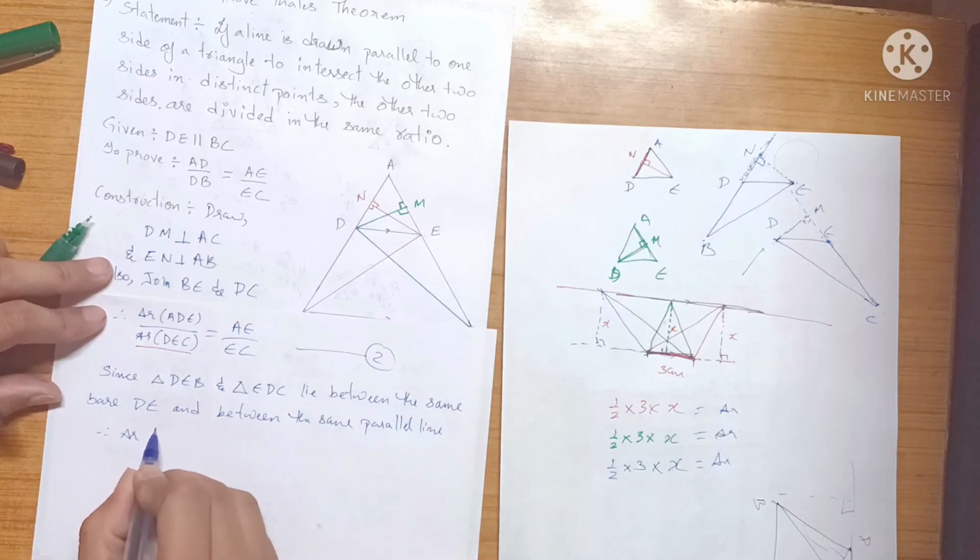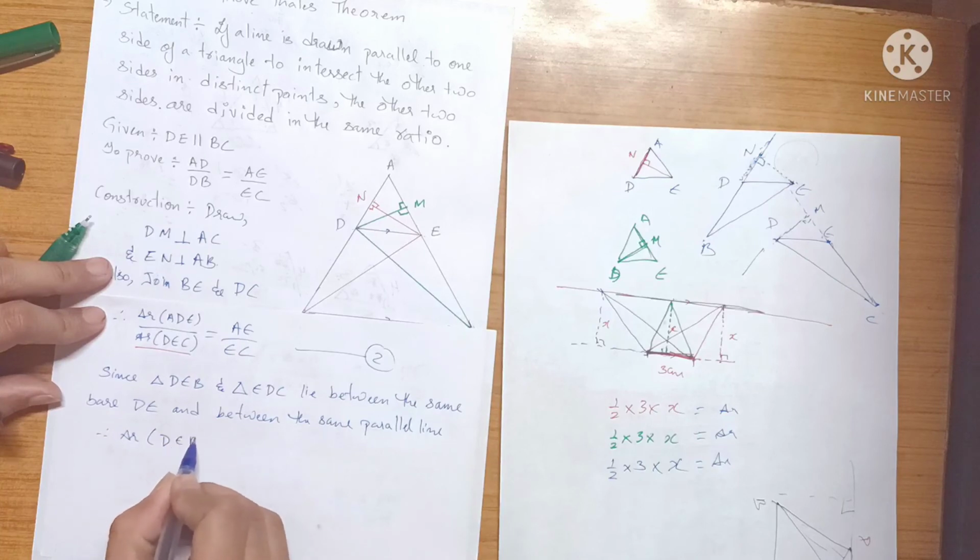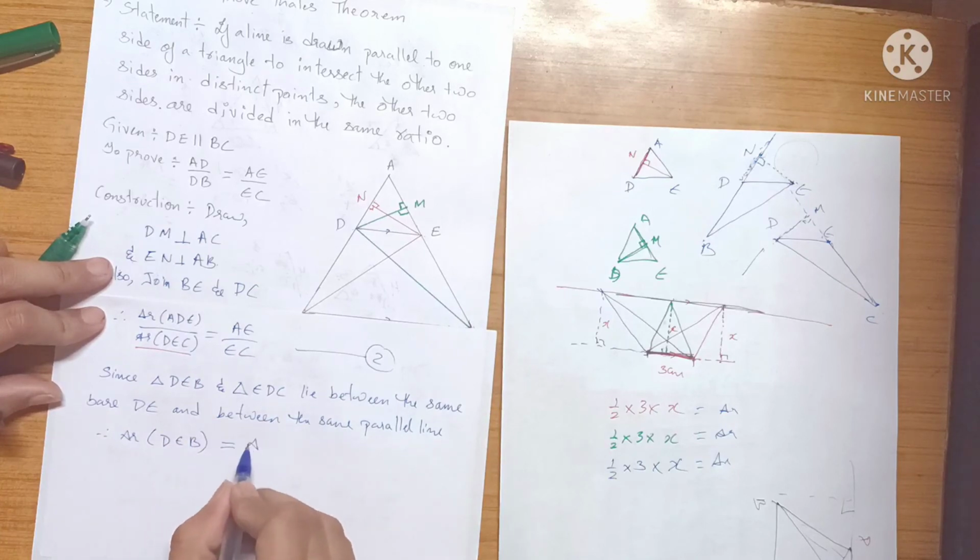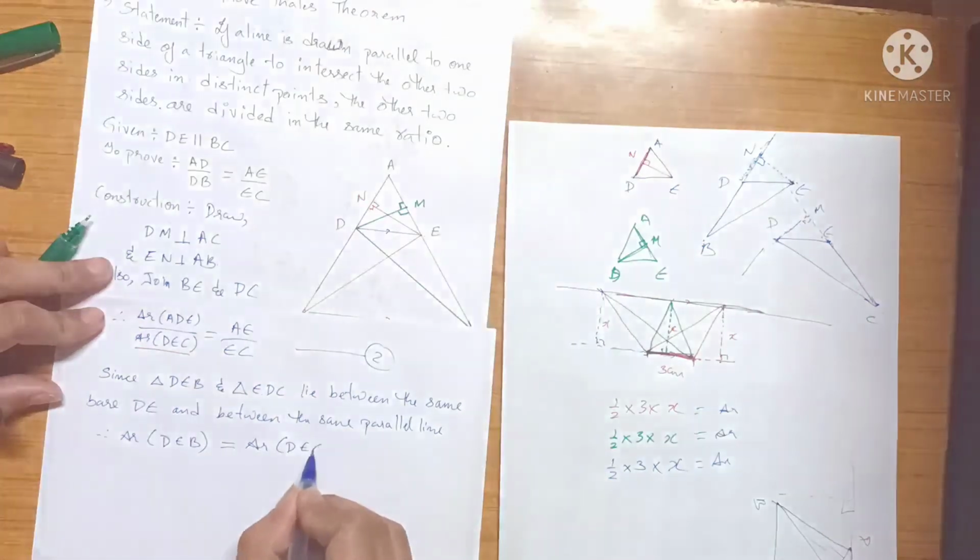Therefore, area of DEB is equal to area of DEC.